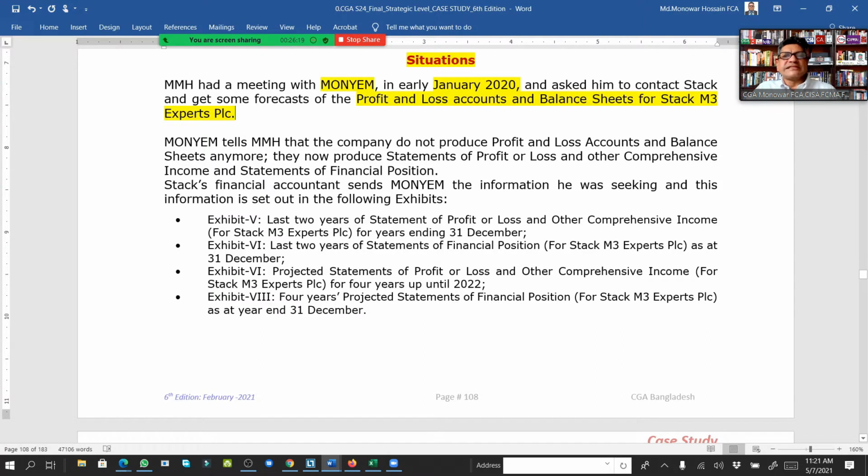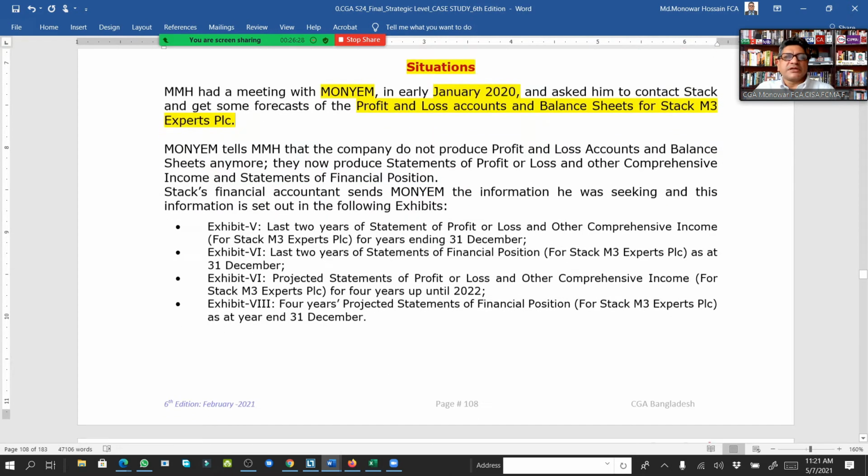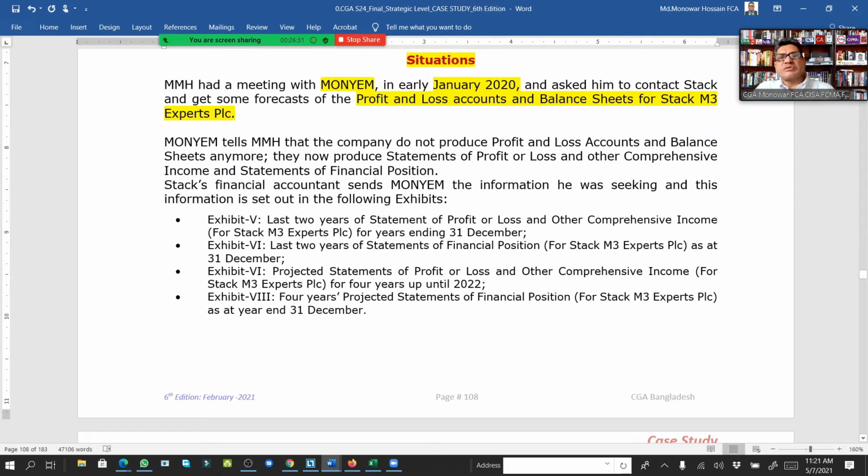Monem tells MMS that the company does not produce a profit and loss account and balance sheet anymore. They now produce a statement of profit and loss and comprehensive income, and a statement of financial position. A tax financial account was sent to Mr. Monem. The information he was seeking is set out in the following exhibits.